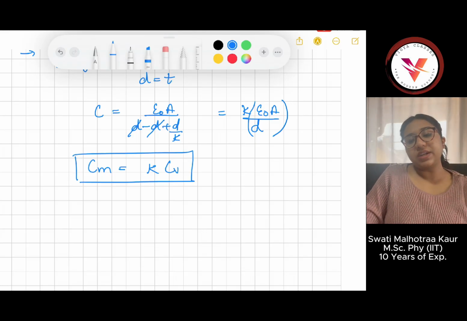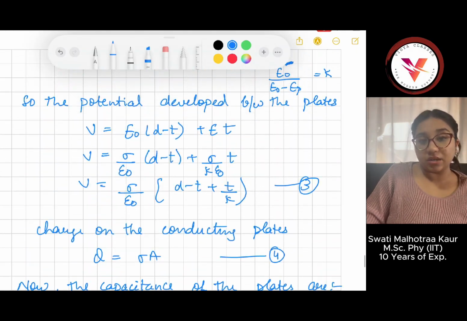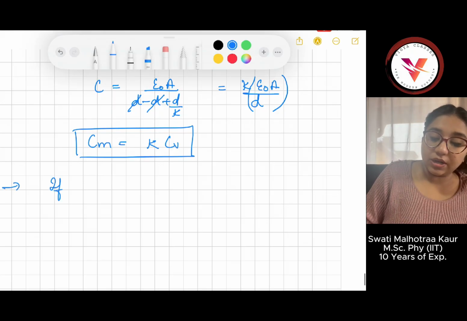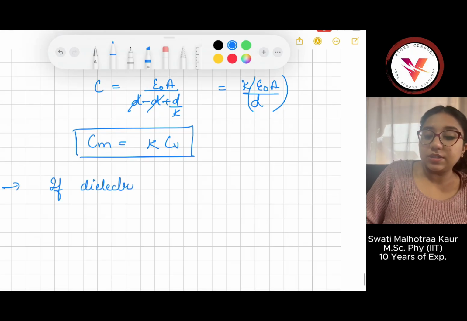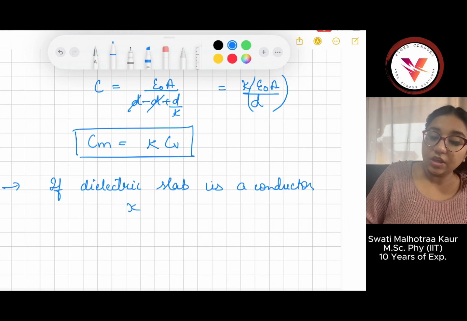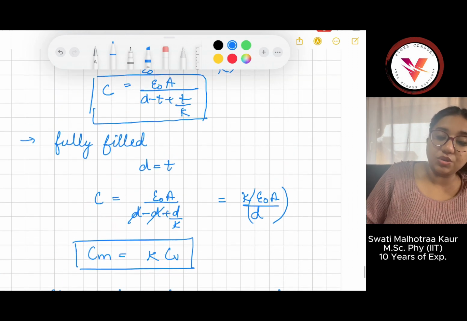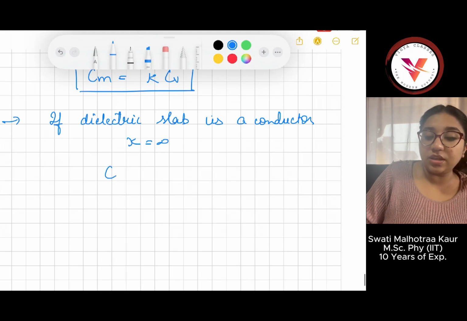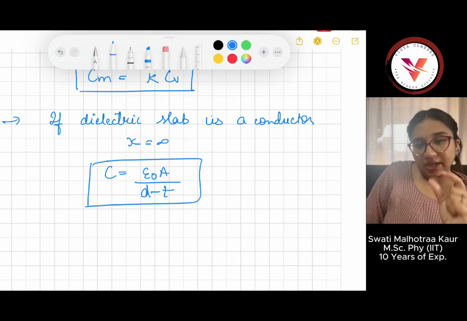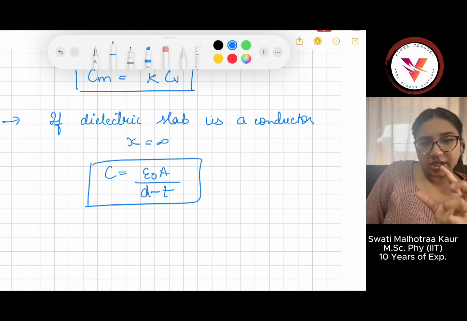Okay, so whatever the slab is, if the slab is a conductor, then for a conductor kappa is infinity, so this term goes to 0 and your C comes out very easily as epsilon naught A upon D minus T. Basically you have to remove the space of that conducting slab, or the thickness of that slab, because it offers you nothing.